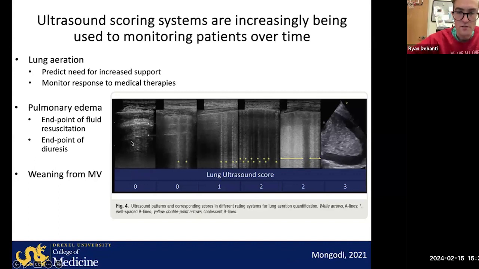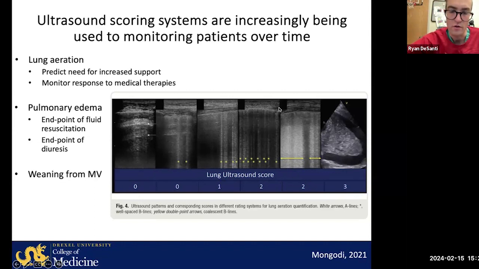This gives 0 points for normally aerated lung or a lung region with just 1 or 2 discrete B lines. We'll give 1 point for an area with 3 or more discrete B lines. And then 2 points if you have multiple B lines or confluent B lines. And then 3 points if you have consolidated lung.